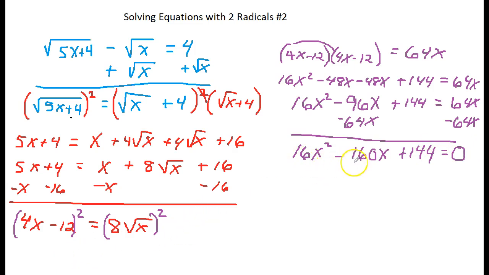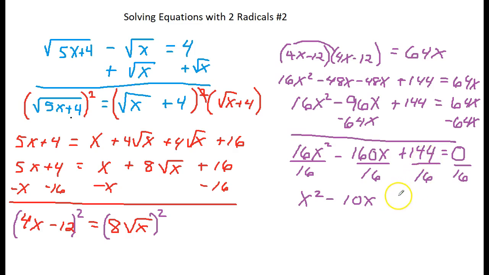Okay, now all of these numbers are divisible by 16. So I'm going to divide everything by 16. Okay, and divide the right side too, and so that just cancels out. So I'm left with x squared minus 160 divided by 16 is 10x.